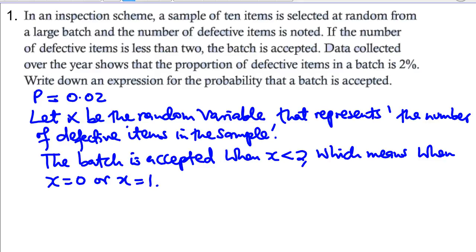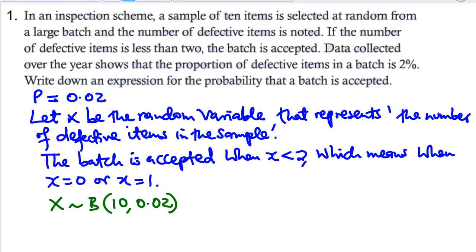Before we do anything, we need to write this distribution in this form. We know that x follows a binomial distribution with parameters 10 and 0.02. All this information is in the question.